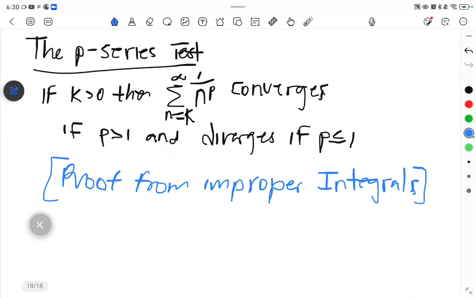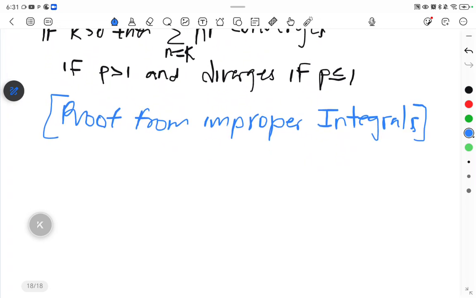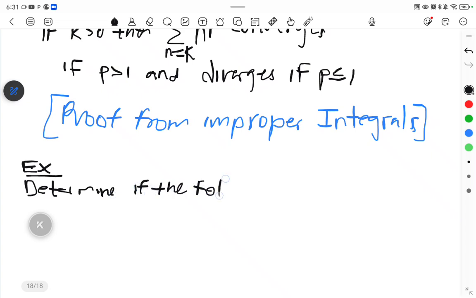Now the idea is to know how to apply it. And then let's say they come and say, determine if the following series are convergent or divergent.